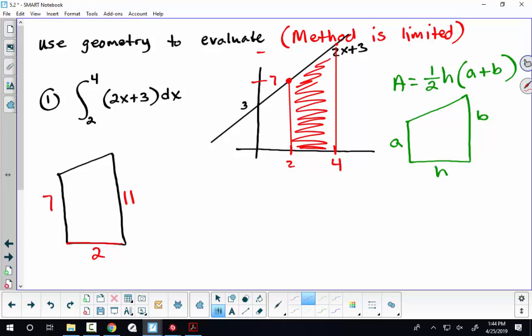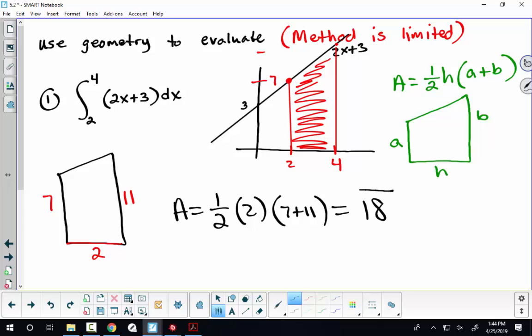The area of this figure is the integral from 2 to 4 of 2x plus 3 with respect to x. So the area is 1/2 times 2 times 7 plus 11, which is 18. So that means the integral from 2 to 4 of 2x plus 3 with respect to x is 18.